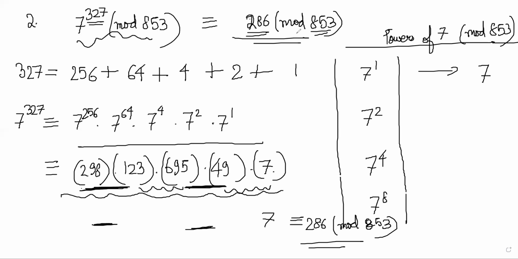Now this method is very general and it can be used to find powers of very big numbers also. So on the first page itself, he's finding the power of 5 to the power 10 power, I don't know how many zeros, mod some very big number.